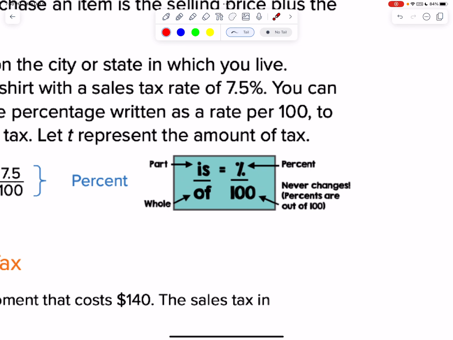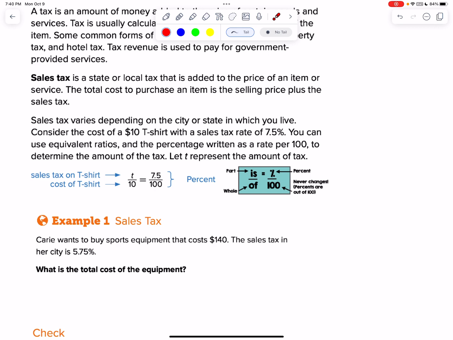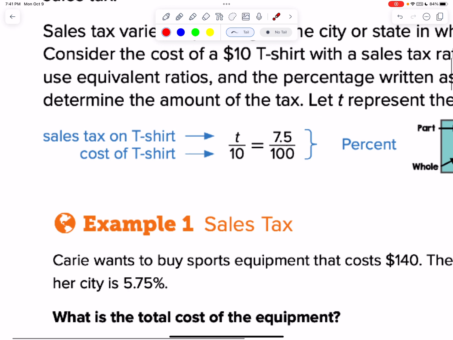The divided by 100 turns the percent into a decimal so that we can do math work with it. The top is the part and the bottom is the whole. Since 100 is the whole for a percent, that's how we have this equivalent fraction that works to do the job of finding the missing number.